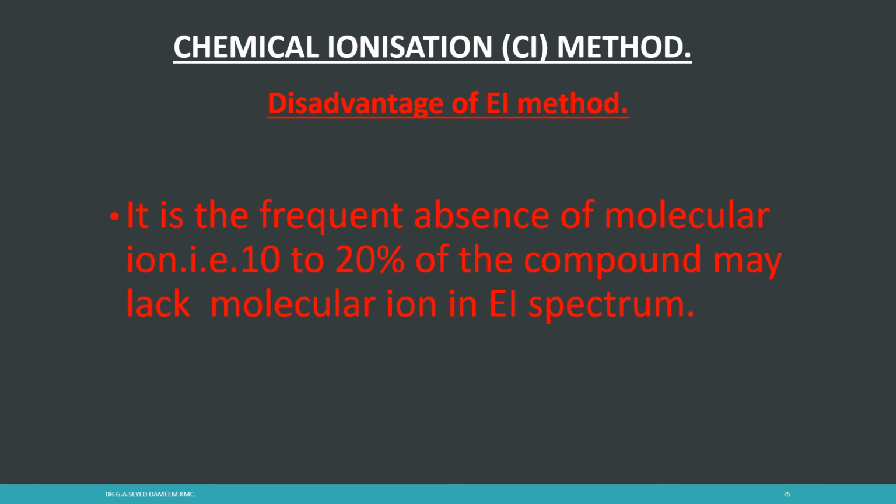In about 20% of organic compounds, the molecular ion is completely fragmented to daughter ions, so they cannot give a molecular ion peak. So another method is used to detect the molecular ion peak. That method is the CI method, chemical ionization method.